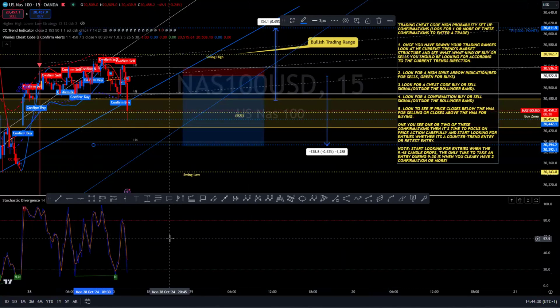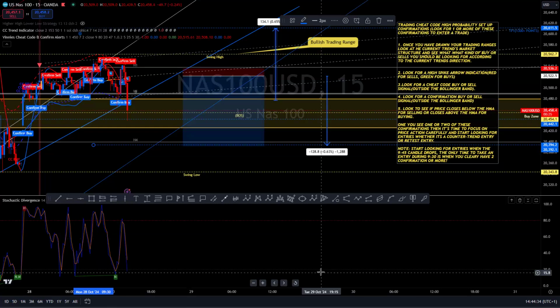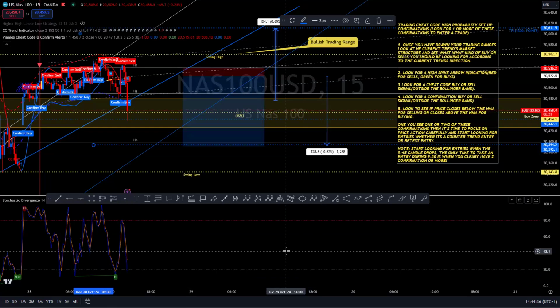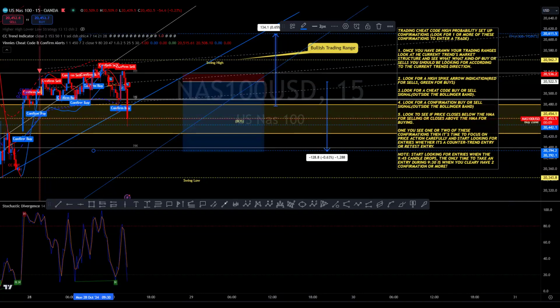So we have a little bit over 20 minutes before the 9:45 candle closes. Three, two, one.